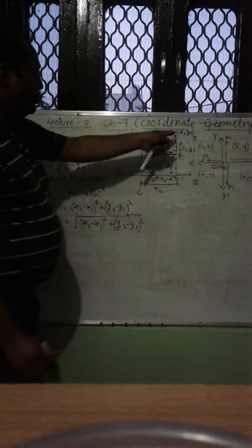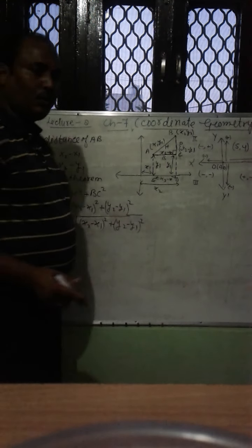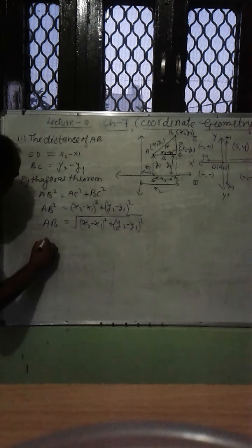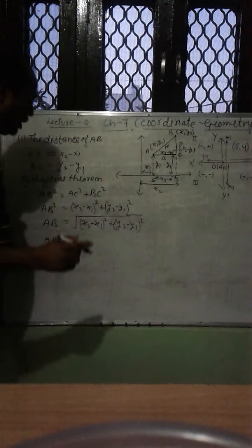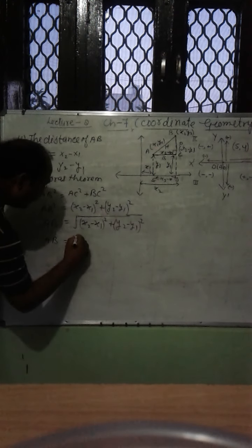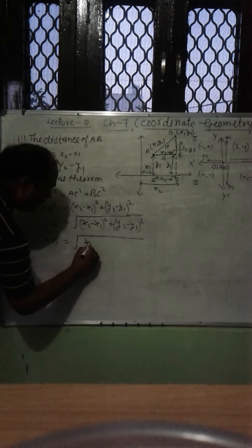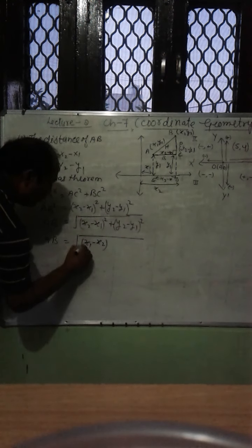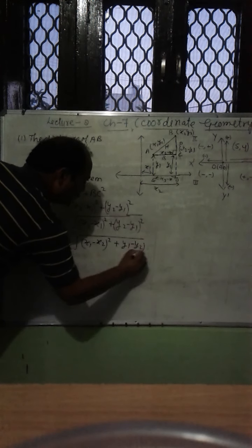One more thing: if we interchange their coordinates, then a new form of the formula also comes. The AB distance will be the same, but their coordinates will be interchanged in the brackets. Then it is (x1 minus x2) to the whole power 2 plus (y1 minus y2) to the whole power 2.